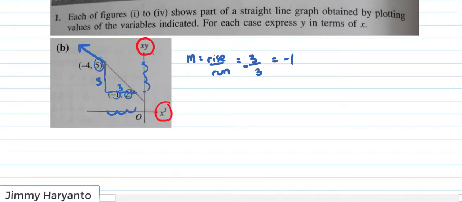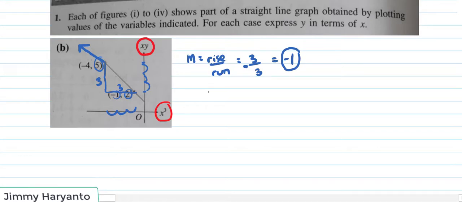If the line goes to the top right, the gradient will be positive. Do not forget that. Okay, and then the c, we cannot read c from the graph since there are no numbers at the y-intercept. So we have to find the c manually.